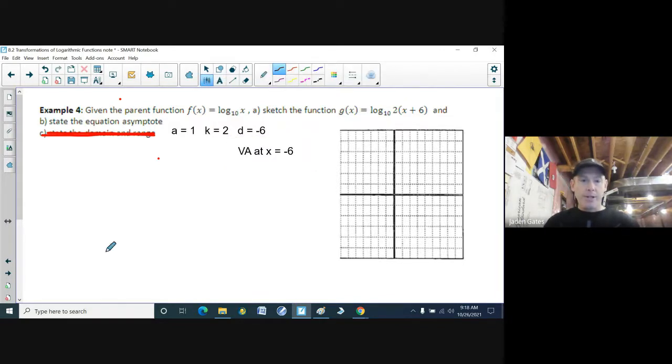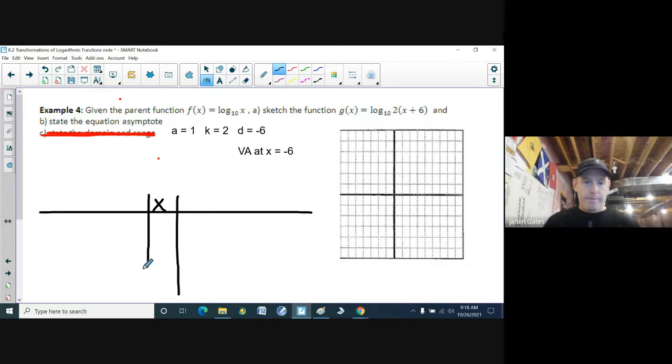Now our tables. There we go. Again, I've got my x values and my y values. These are my originals, where I have 1/10, -1, 1, 0, 10, 1.